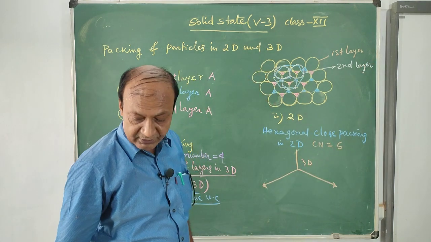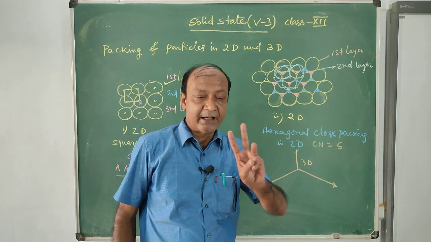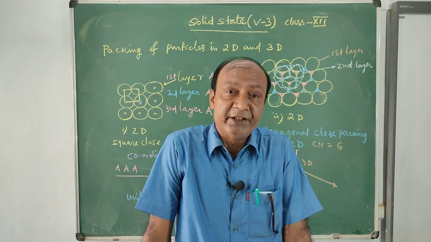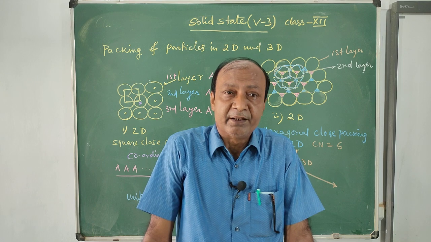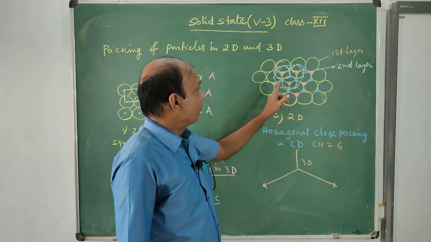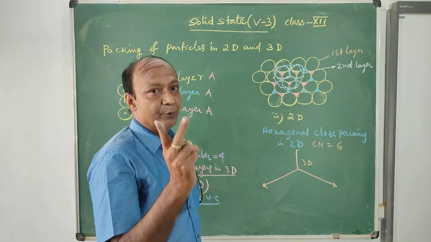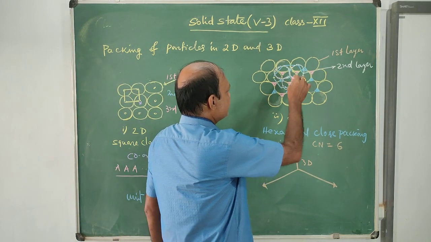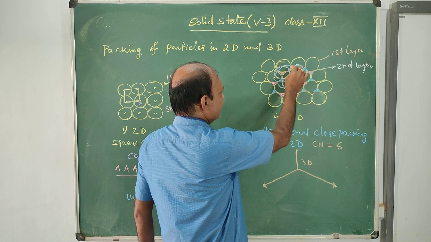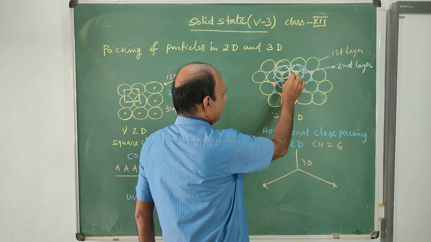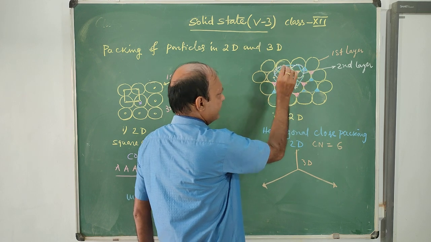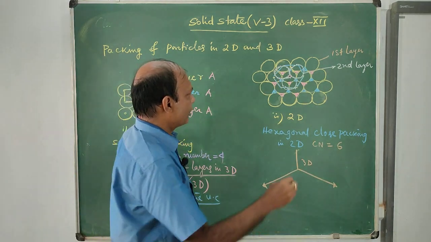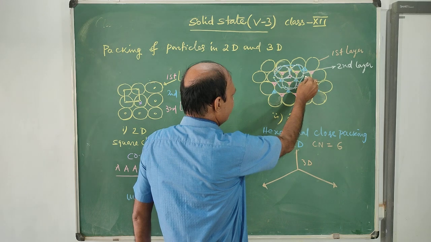Now when you construct the third layer, because a 3-dimensional figure is shown only when at least 3 layers of arrangement are shown. So when you construct the third layer, you will have 2 options. See the options. See, this is a triangular depression forming here, and another triangular depression will form if you construct one more particle here.